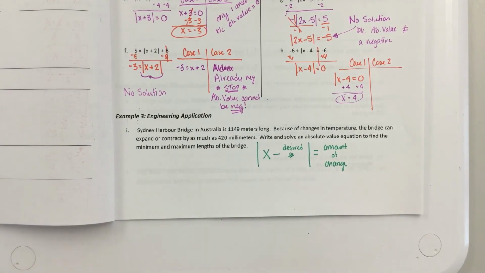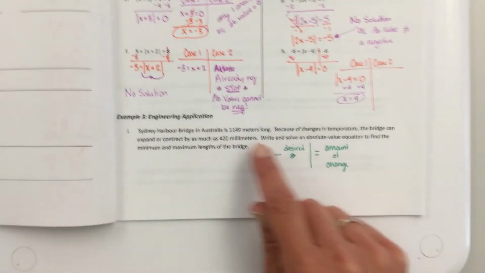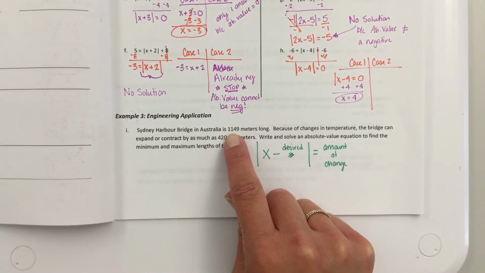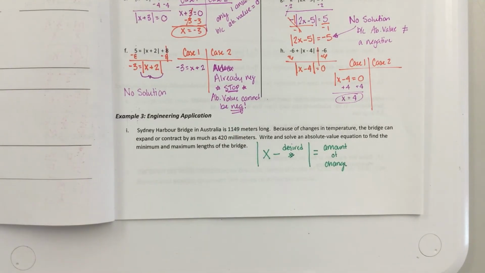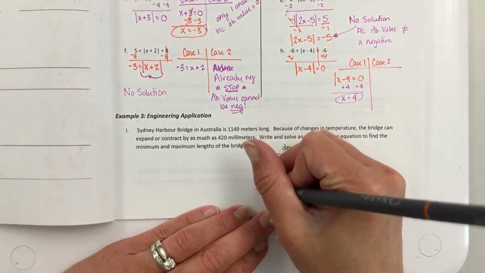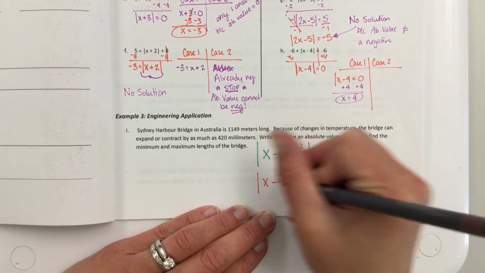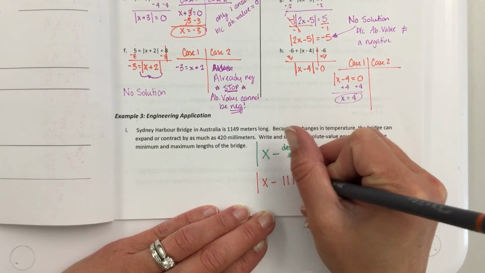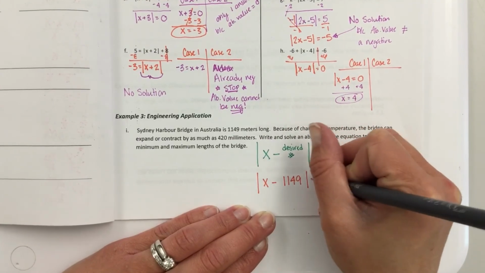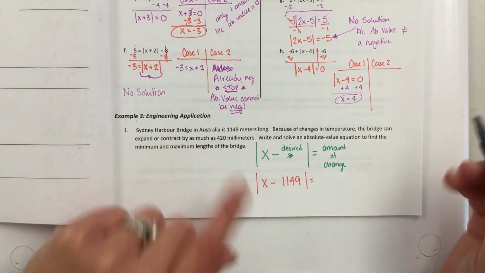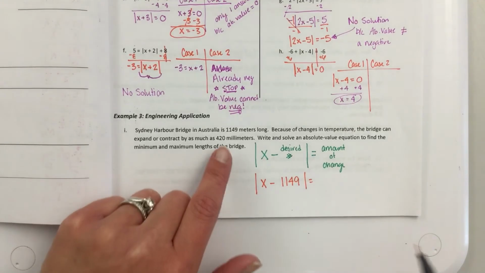In this case, our desired number is we want that bridge to stay at 1,149 meters, so it's going to be x minus 1149. The amount of change is how much that bridge is going to expand or contract.